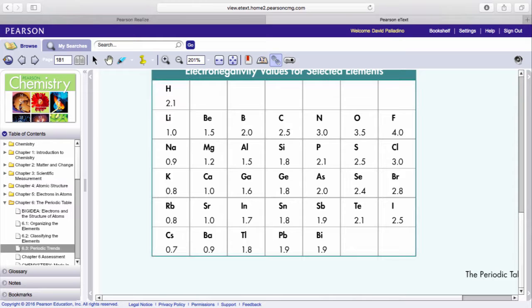That is sort of on the edge of being nonpolar. If you had a compound between chlorine and bromine, that's 0.2. So in those cases, you could have something that is nonpolar. But usually, most things are going to be slightly polar unless they're diatomic molecules.